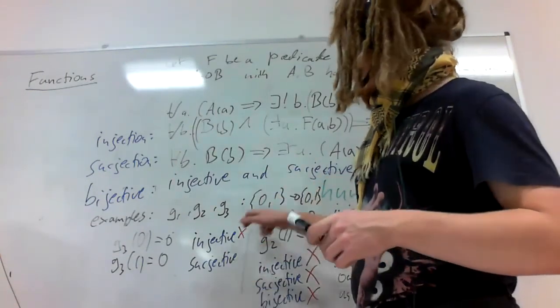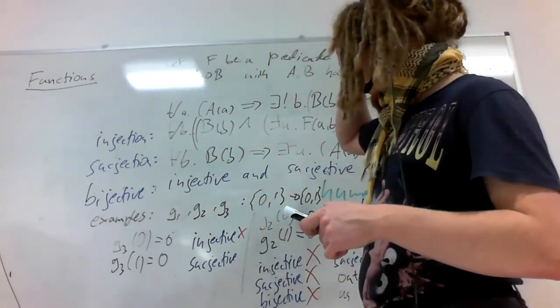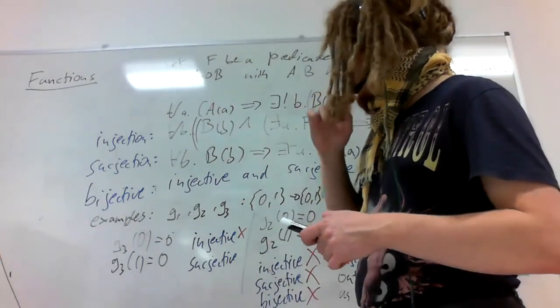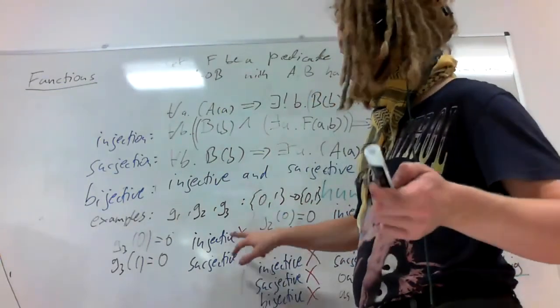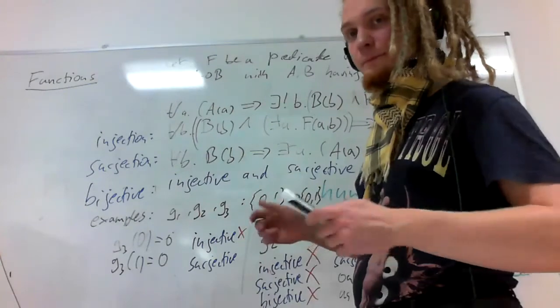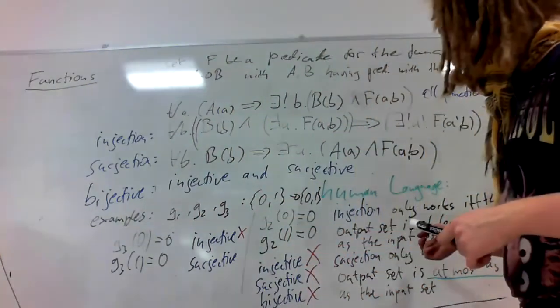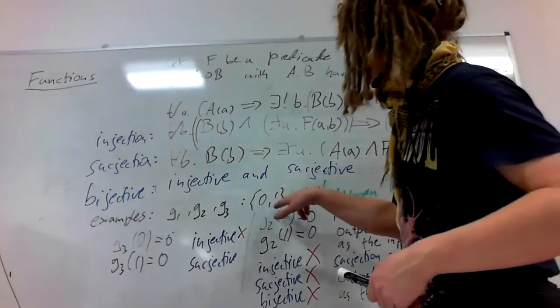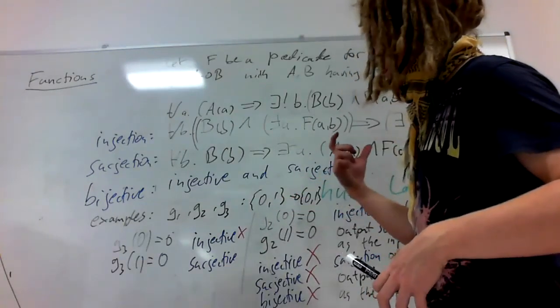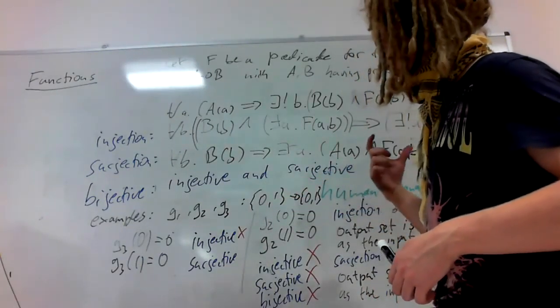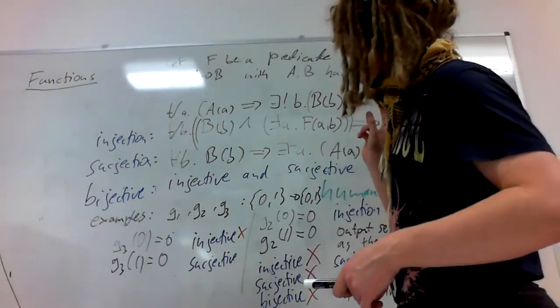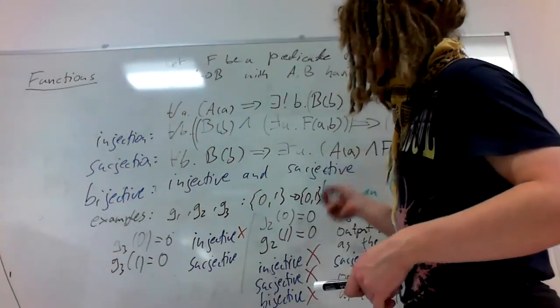So for two sets of the same size, this doesn't work. There's just nothing like either one or the other. So probably there's some proof that if the sets are equal, then a function is either bijective or neither.